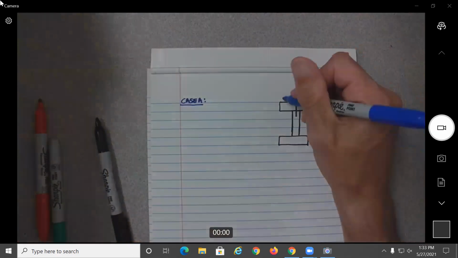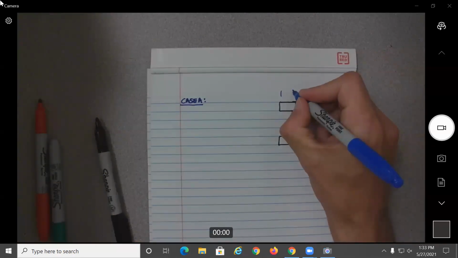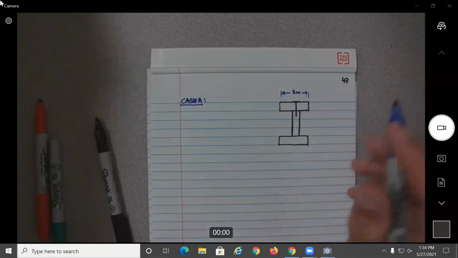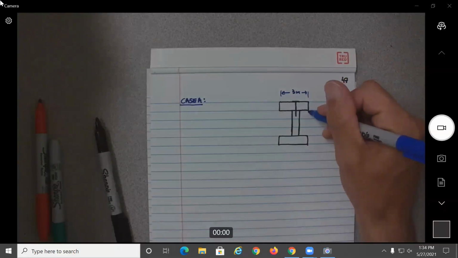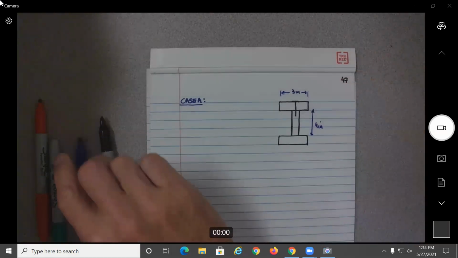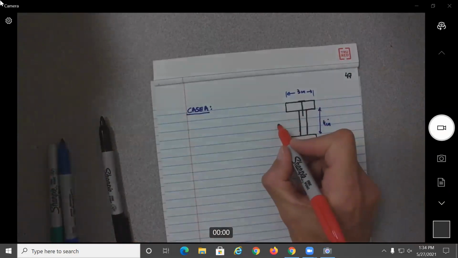This is 3 inches. I'm not going to put too many dimensions. This is, whatever, 4 inches. Most important is where I'm going to put the neutral axis.